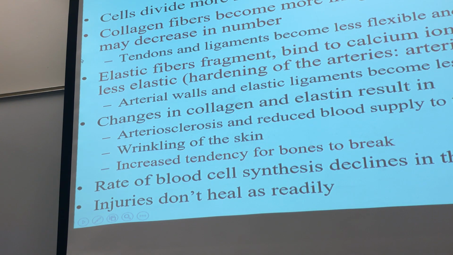So the same fall that we would have as kids might cause us to break our hip or break our femur. Elastic fibers fragment, bind to calcium, and become less elastic, causing hardening of the arteries, or arteriosclerosis. Now, there is a difference between atherosclerosis and arteriosclerosis.